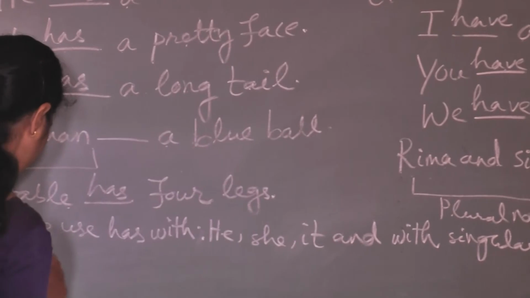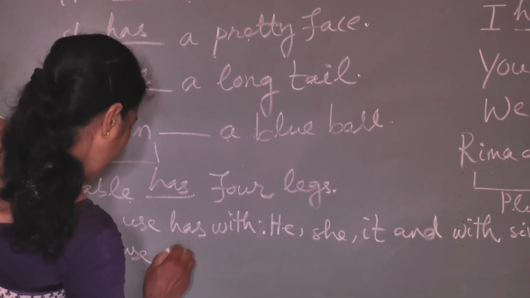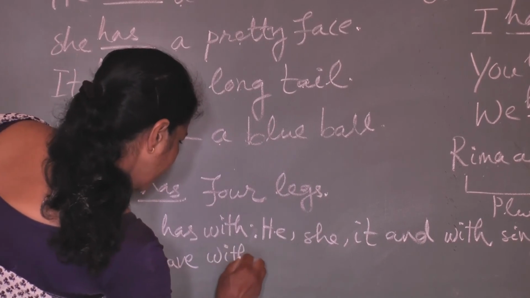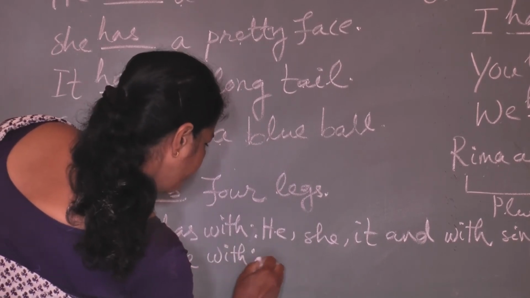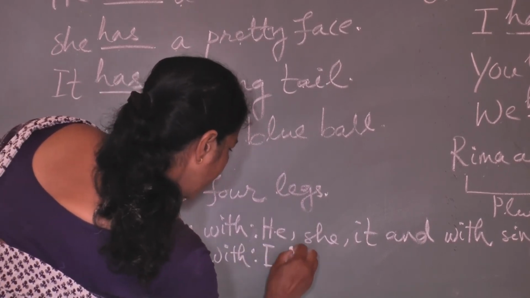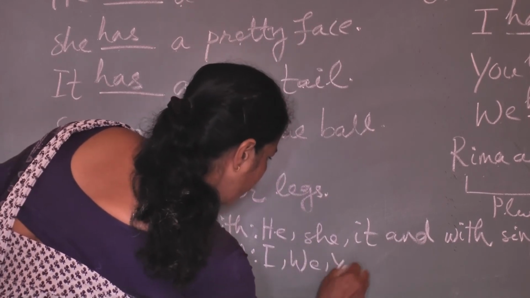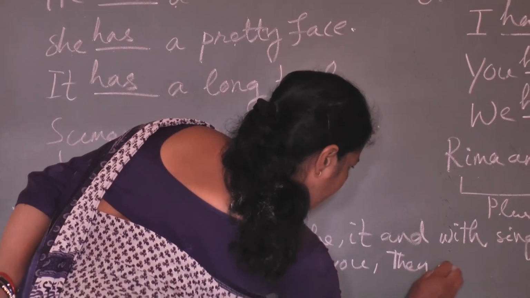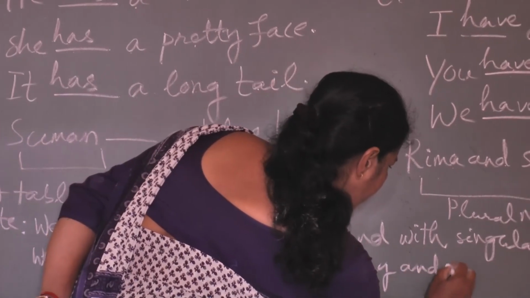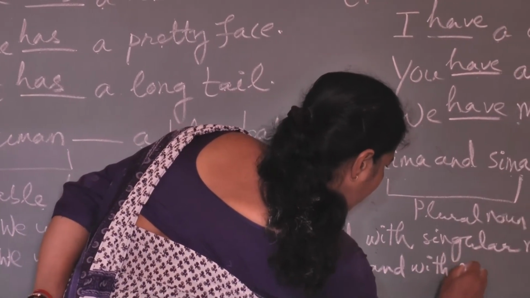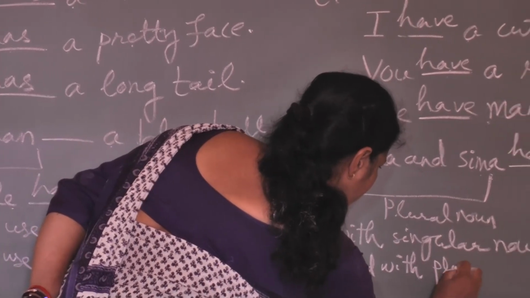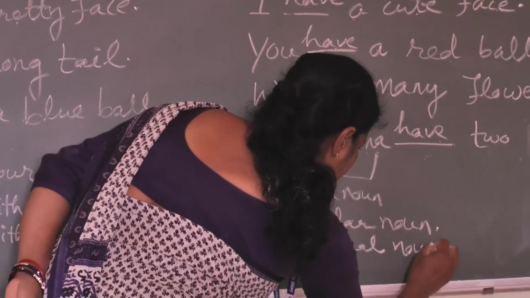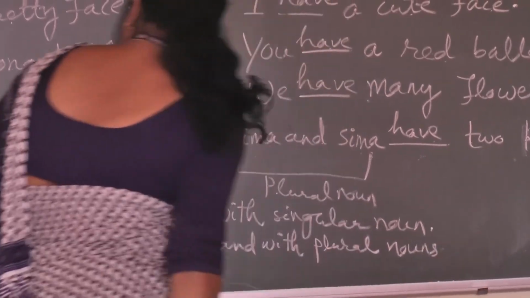We use have with I, we, you, they, and with plural nouns. Okay, it's clear, children?